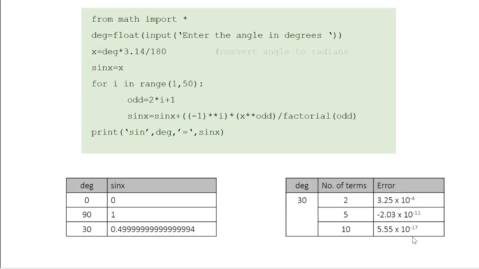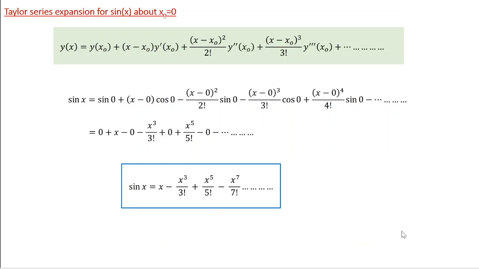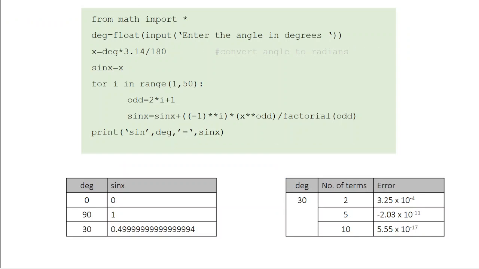That's why I said, even though this is an infinite series, for all practical purposes, you can stop with the first 10 terms, because after that, the weightage of the higher order terms is very, very small. So even if you include all of them, the accuracy of your solution is not going to increase any further. So when you do programs in your practical exams, you can include the first 10 terms or first 20 terms. That's more than sufficient.